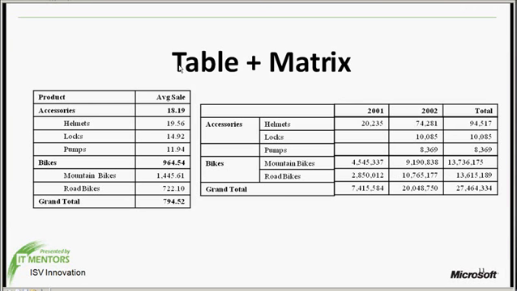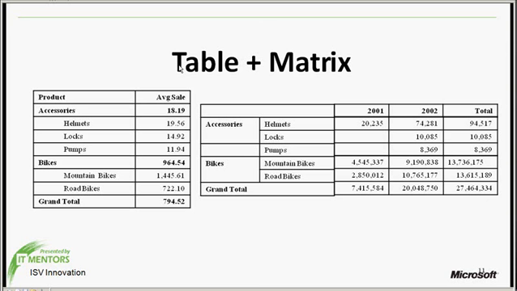Let's continue on, and the next thing that I would like to discuss is a new control called the TableX. In previous versions of Reporting Services, we have had a number of different controls, but the two that we used to show tabular data were either a table or a matrix.